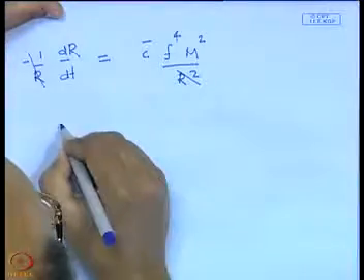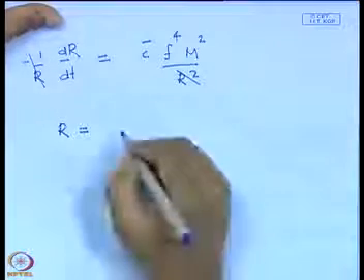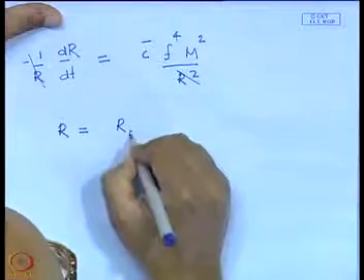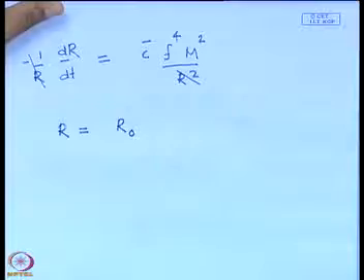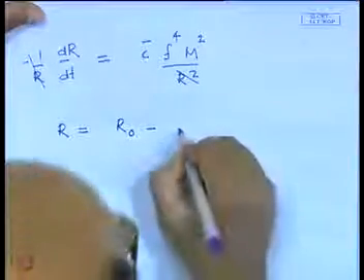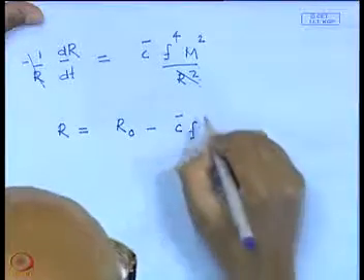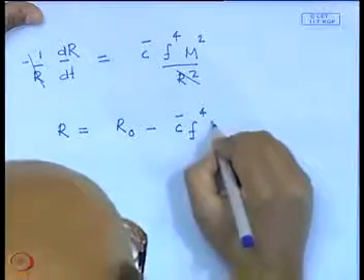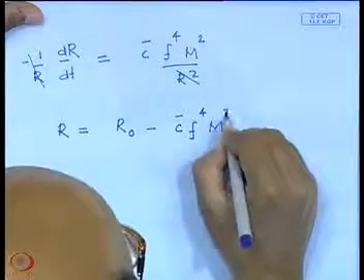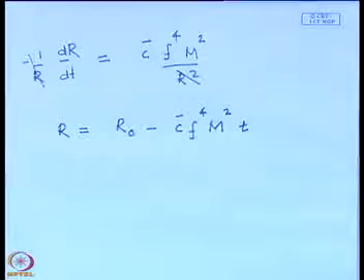So, which now we can do straight away, it is quite simple. So, r is equal to r naught, which is the starting value of the radius, minus c bar f to the power 4 m square into t. Okay.